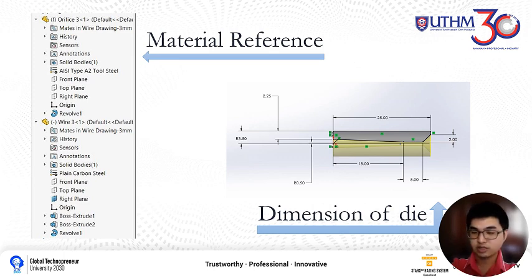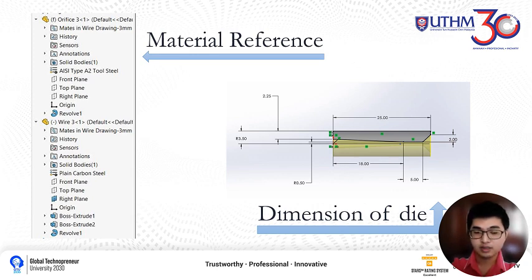Also, from the sketch you can see there's an opening gap at the output side of the die. It is for better reaching of the wire with smaller diameter.